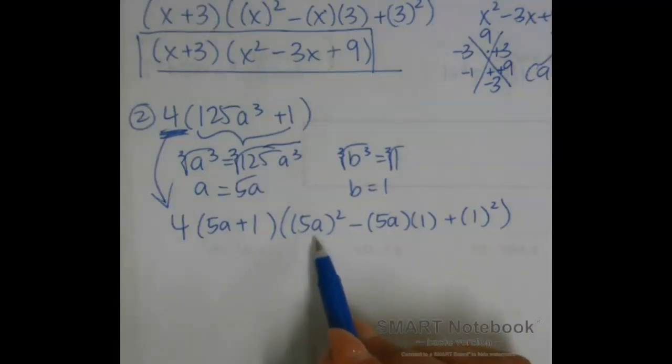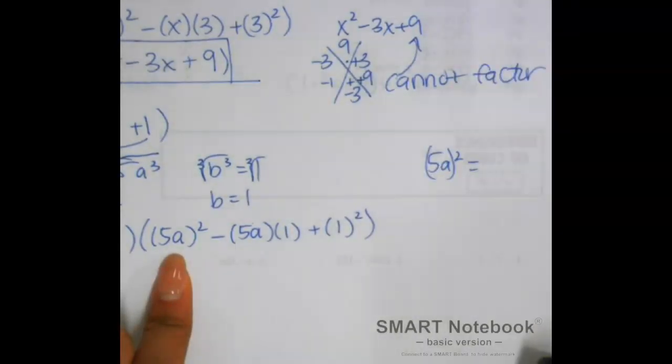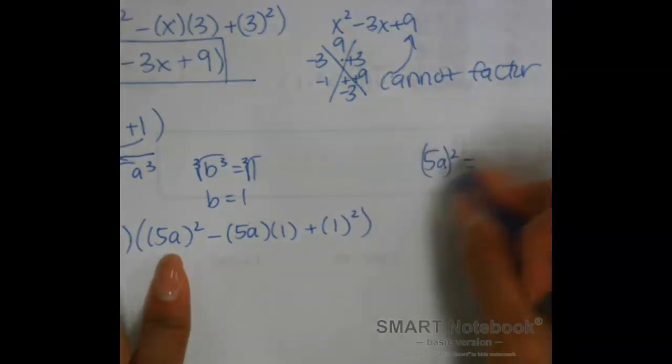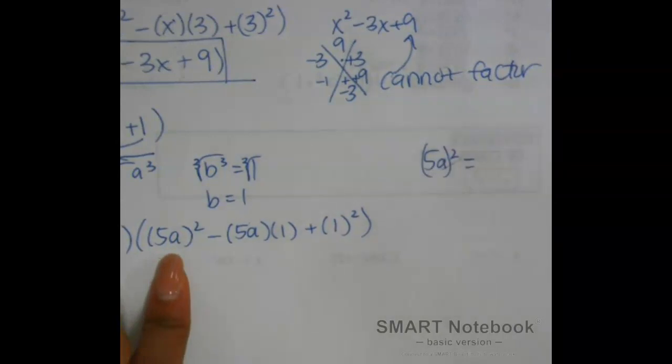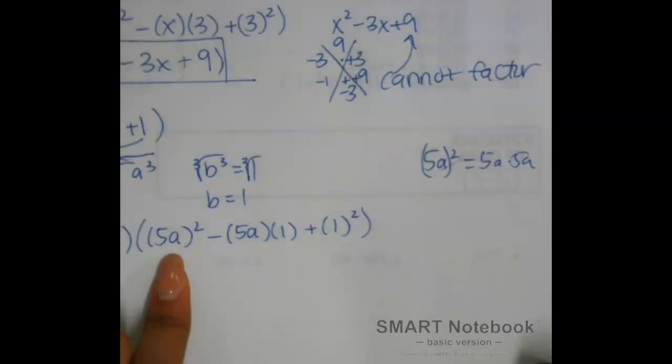What is it going to turn into? This is the same as, you don't have to write this, 5a squared. How would you simplify this? What's 5a times 5a?